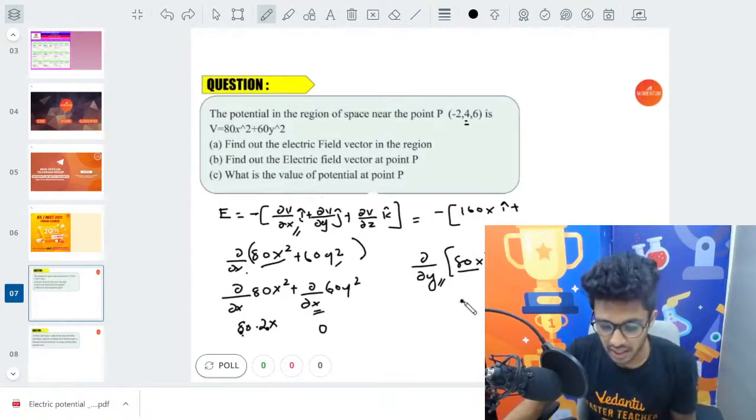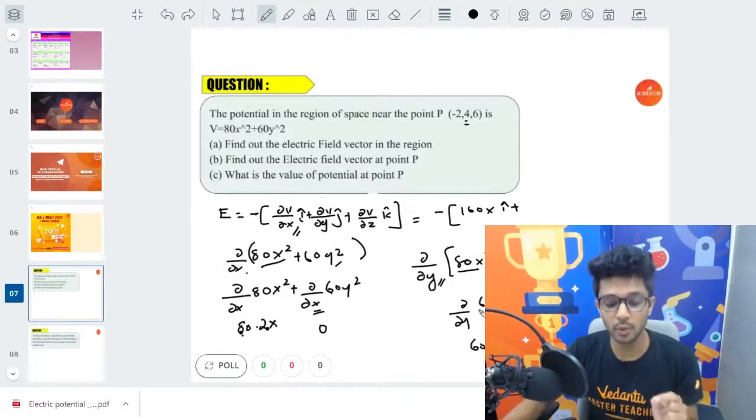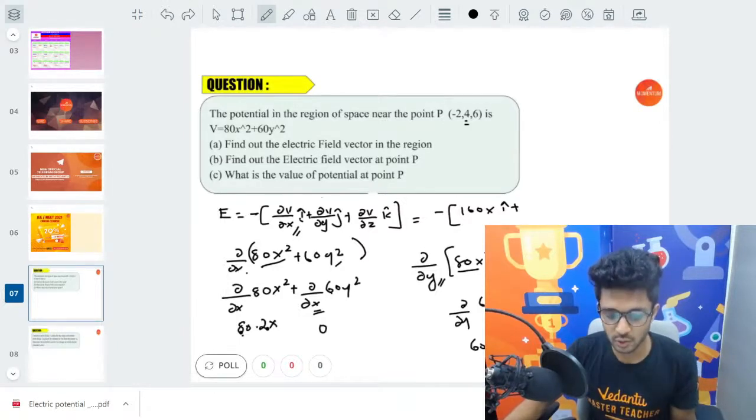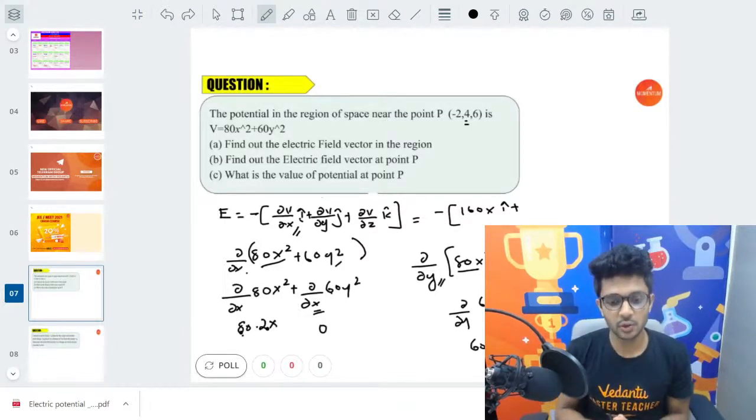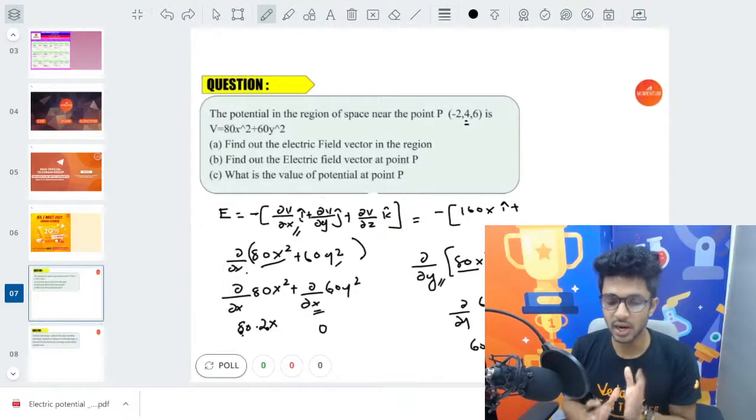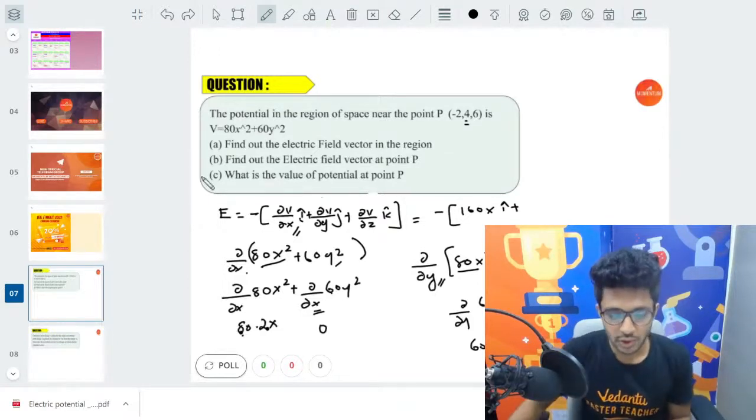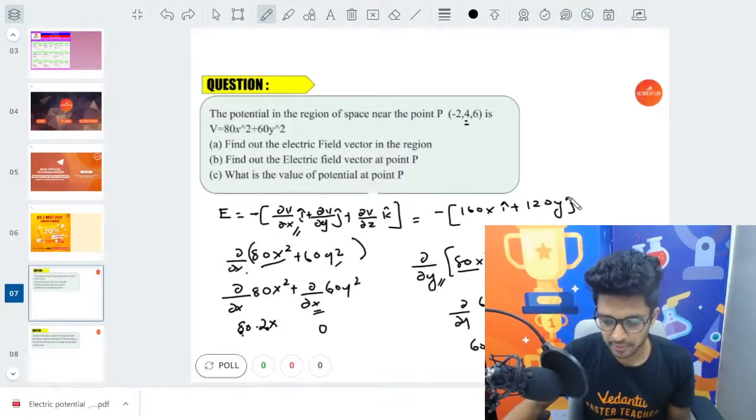Now what is remaining? Dou by dou y of 60y square. 60 comes out. Dou by dou y of y square is 2y. So that's 60 into 2, that is 120y. So I'm going to replace dou V by dou y as 120y with j cap.